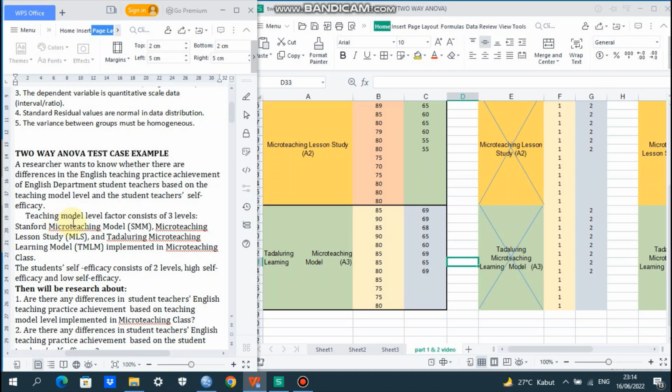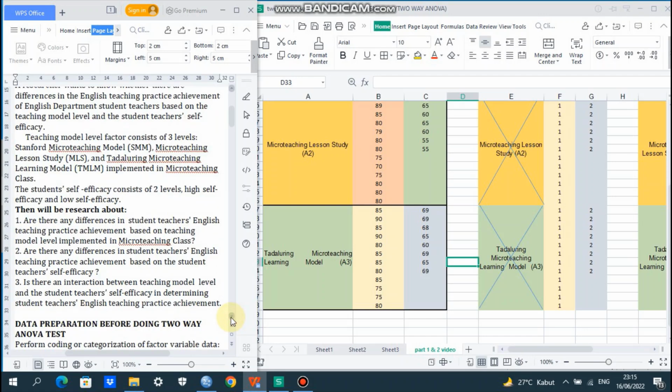Teaching model level factors consist of 3 levels. The first is Stanford Micro Teaching Model, abbreviated SMM. The second level is Micro Teaching Lesson Study, abbreviated MLS, and the third level is Tadaluring Micro Teaching Learning Model, or TMLM, and those 3 levels are the teaching model implemented in micro teaching class.